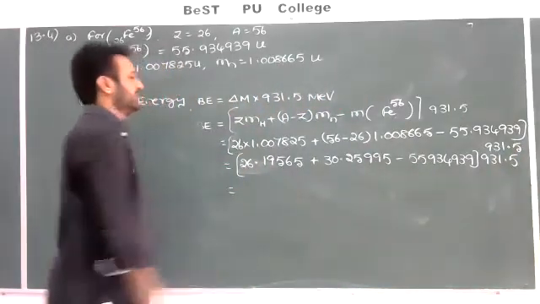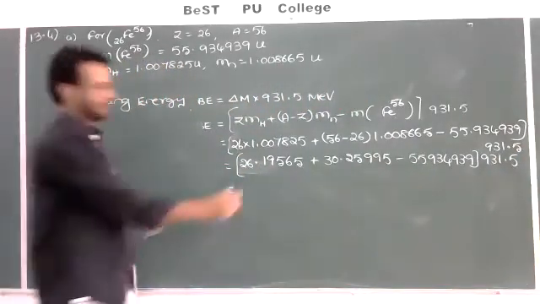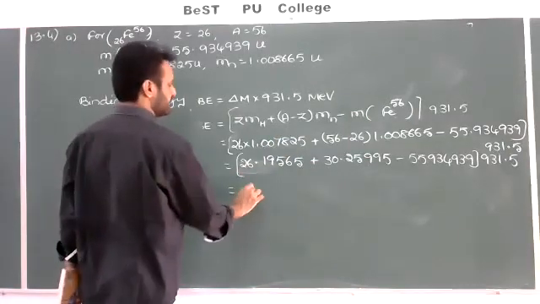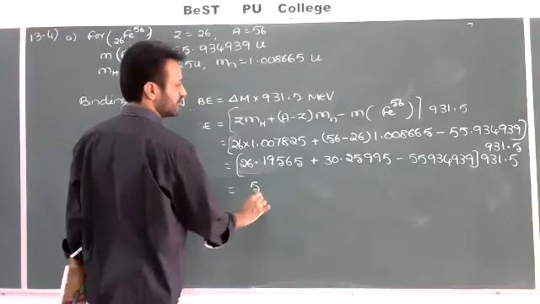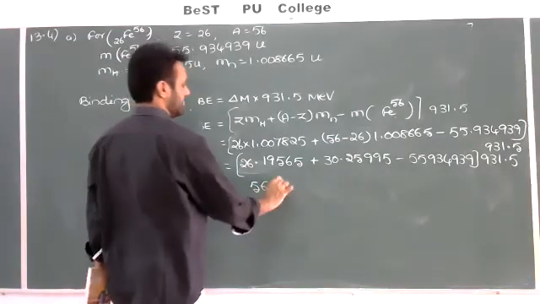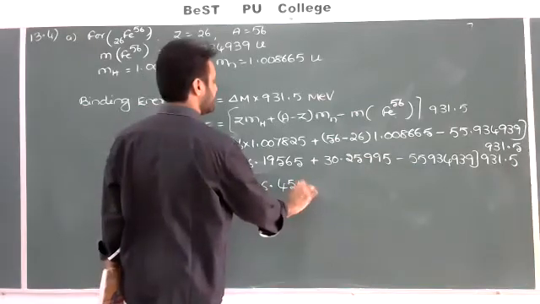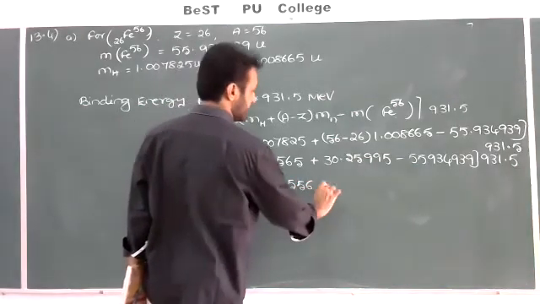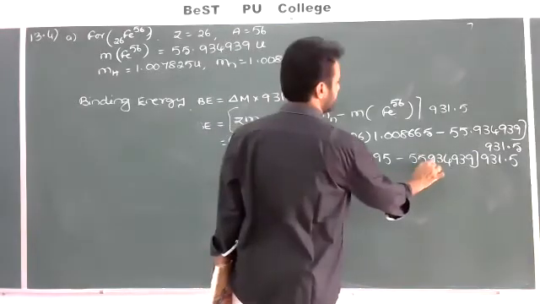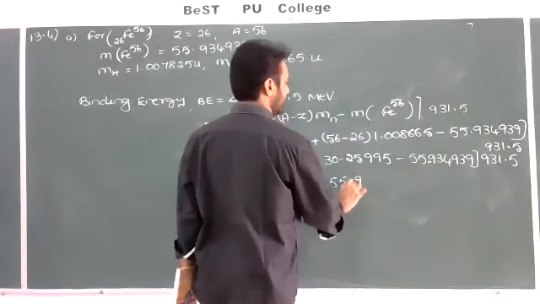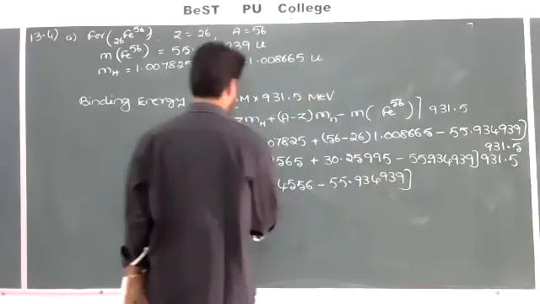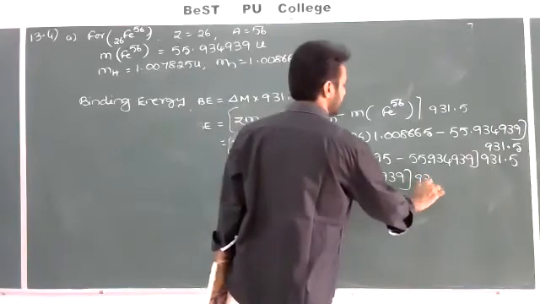If you add 30 point this value plus 26 point this value, we get 56 point something: 56.4556 minus 55.934939. Subtract these two numbers, and multiply by 931.5.